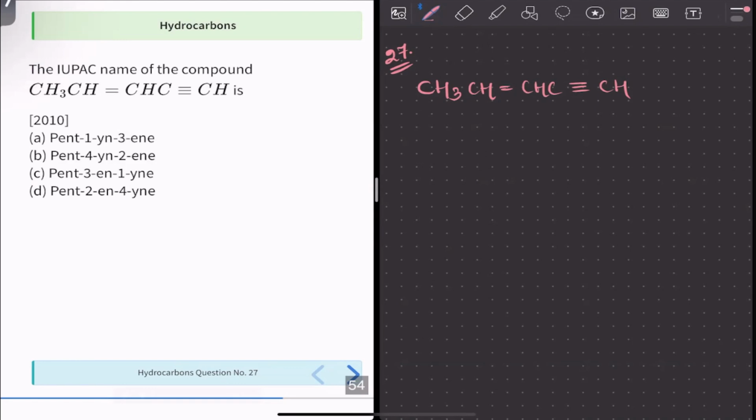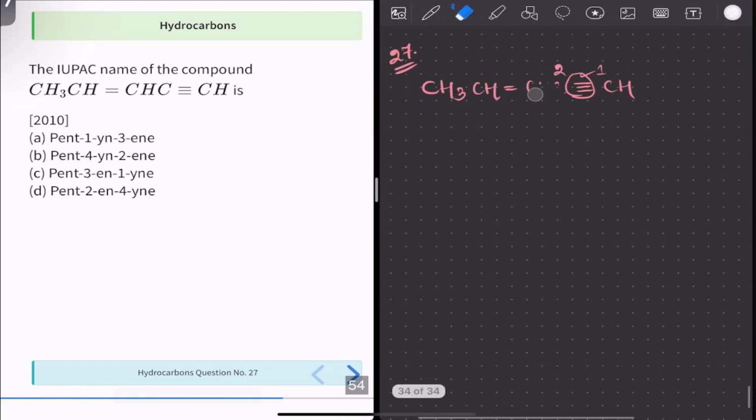If ene and yne are present, the principal group determining the numbering will be the alkyne group. So let's number the parent chain first. We'll go this way because this is the principal group, so it should have the lowest locant, 1, then 2.